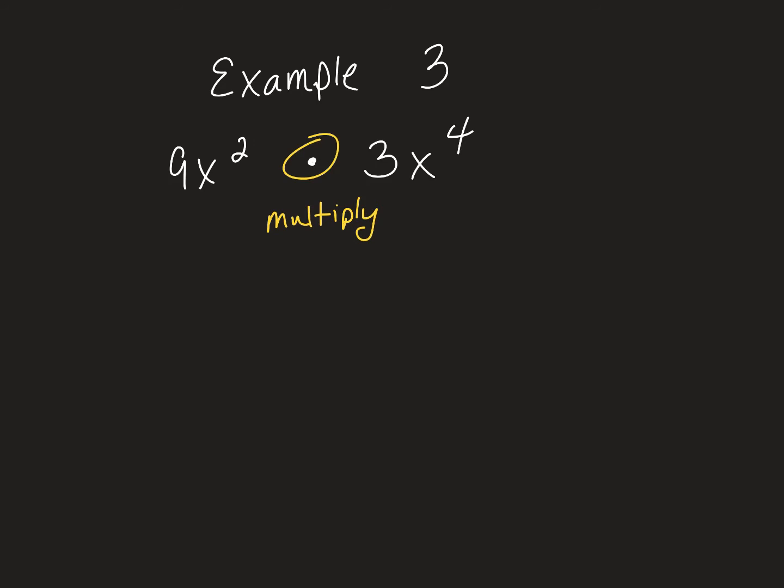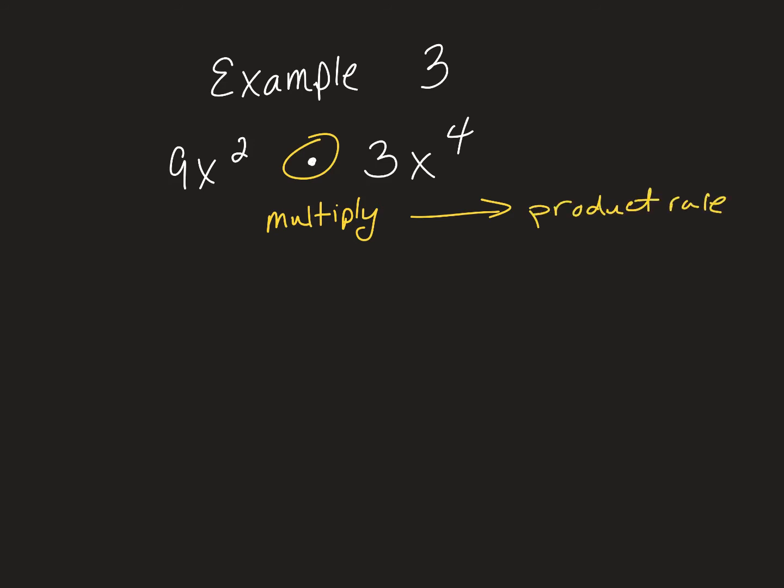And the reason we're multiplying is because we've got that little dot that is sitting there right in between those two terms. So we are once again gonna take these two separate multiplication problems and put them together, and we're gonna do that using the product rule.